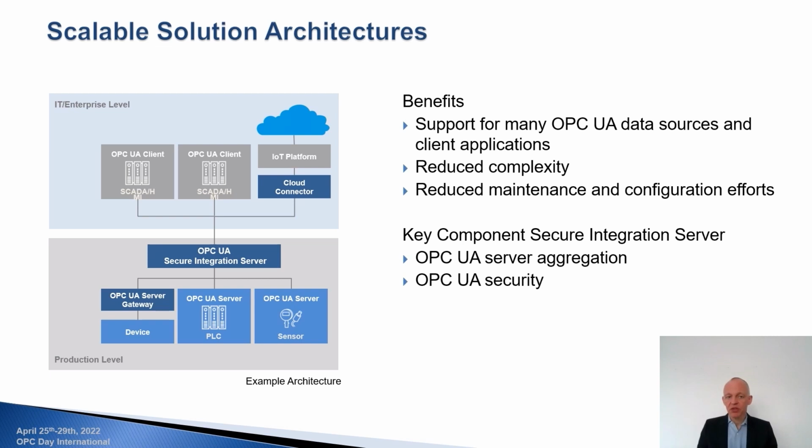The effort can be reduced by employing an additional component in the middle, an OPC aggregation server, which can take all these many OPC data sources and make them available through a single server interface to the application.